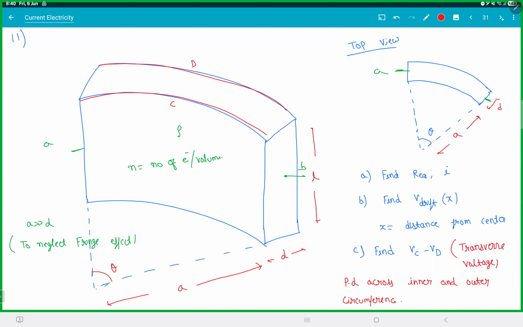Try. I'll give you a minute more for R equivalent. Taking an element like this is a bad idea. Why? The length itself is getting messed up, isn't it? So this is what we do.